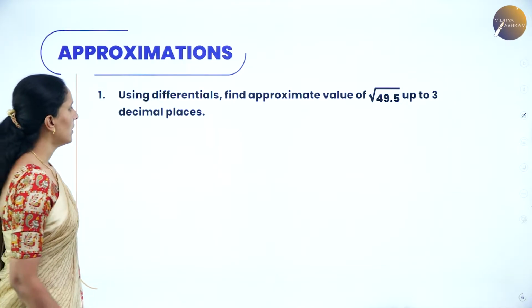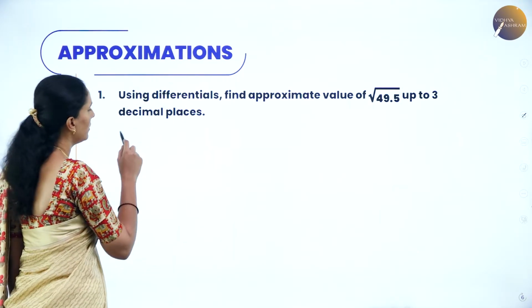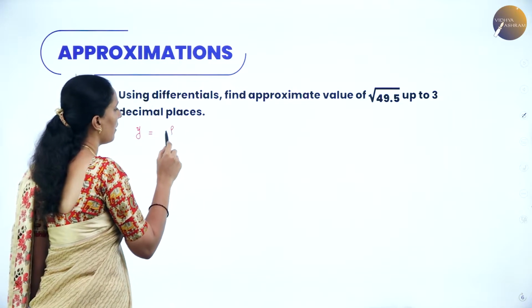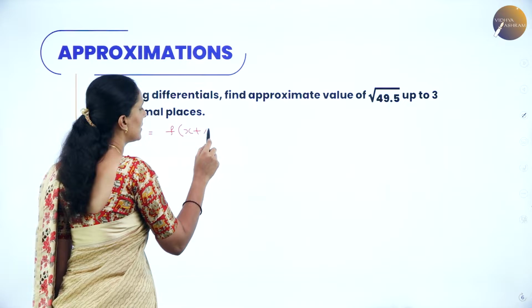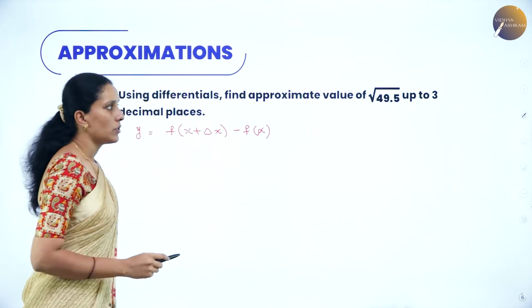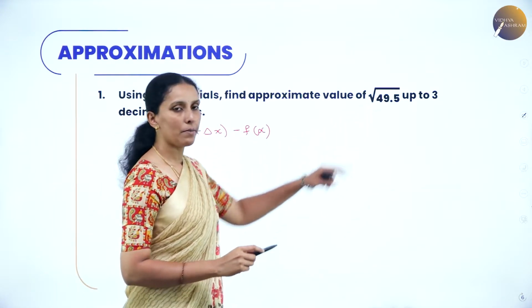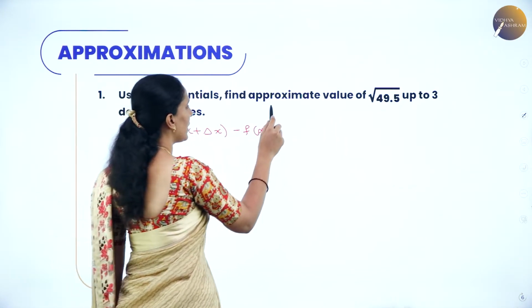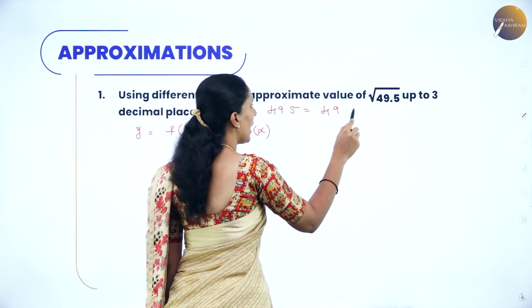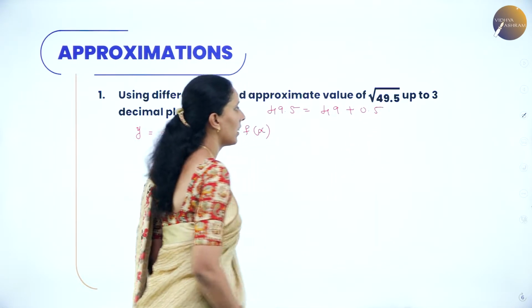So now here, let me take y is equal to f of x plus delta x minus f of x. Before that, I have 49.5 here. 49.5 can be written as 49 plus 0.5.